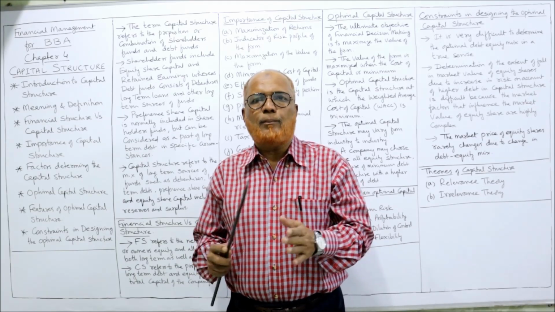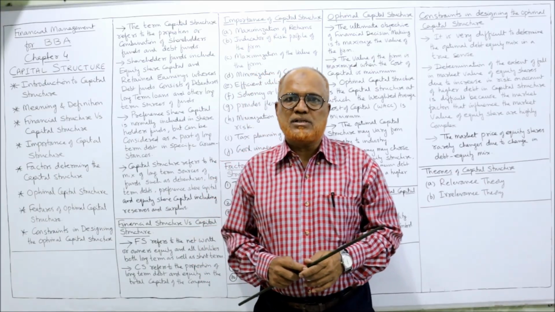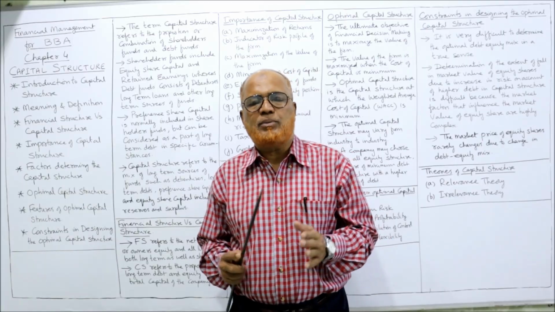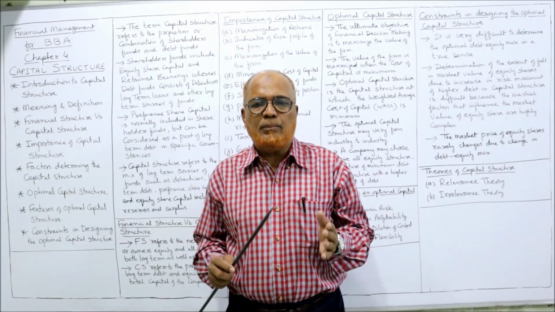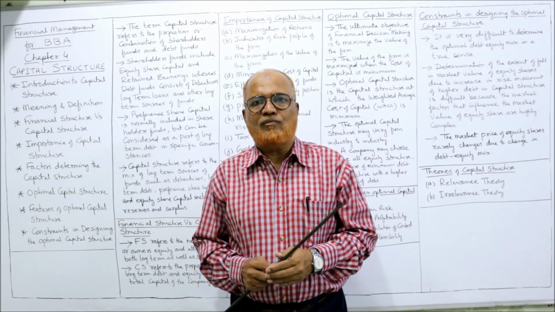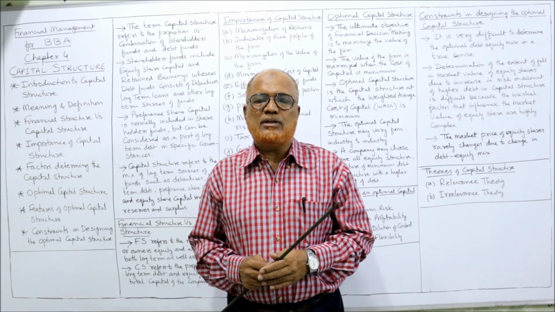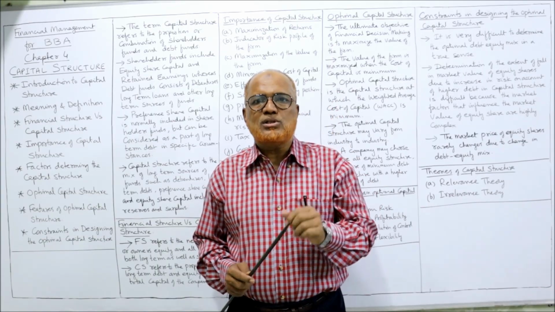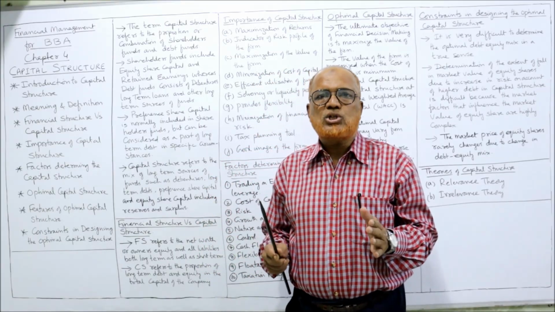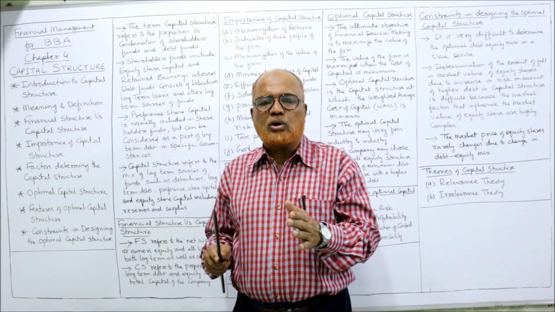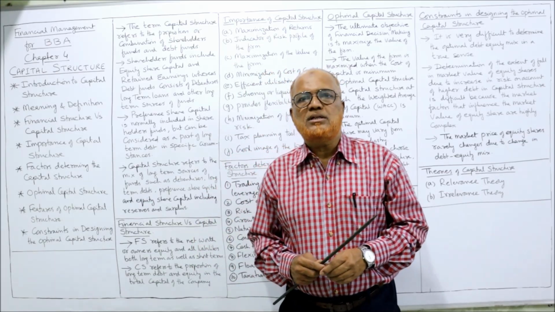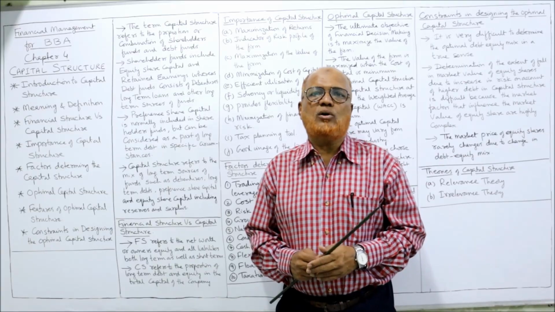If you see the balance sheet of a company, you can see the liability side will have equity share capital, preference share capital, reserves and surplus, debentures, long-term loans, any other long-term source of finance, apart from that current liabilities. All these are the sources of funds which are applied in the business. This complete structure of short-term and long-term finances will impact the profitability, liquidity and solvency of the business.